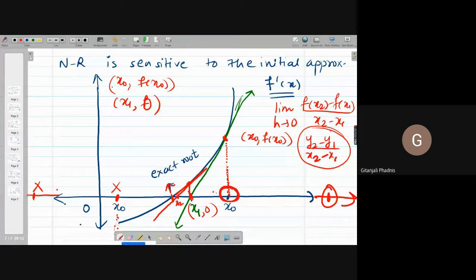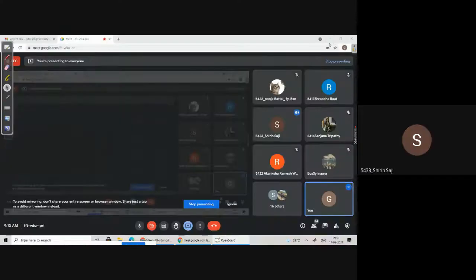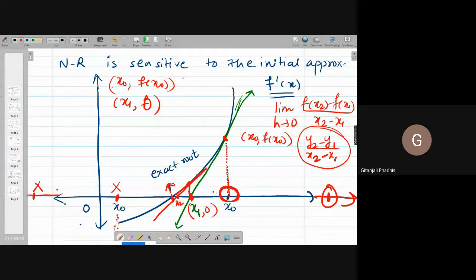What is the y coordinate here on the x-axis? Y coordinate is 0, na? Girls, speak quickly. Yes, ma'am. 0.